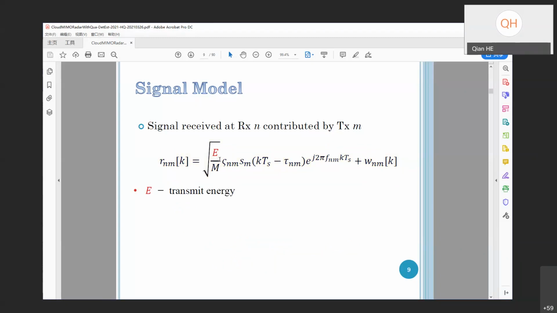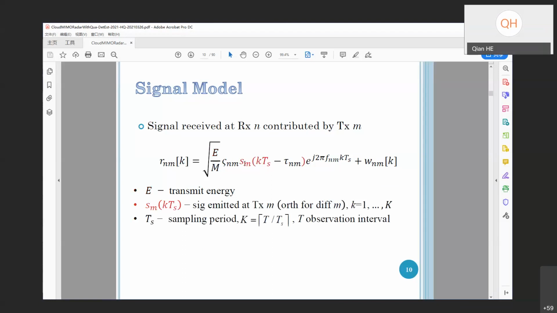Suppose the energy transmitted by each transmitter is identical, so that's why you have E over M. E is the total transmit energy, and M is the number of transmitters. So this is s_m of kT_s, where k is a time instant and T_s is a sampling period, right?